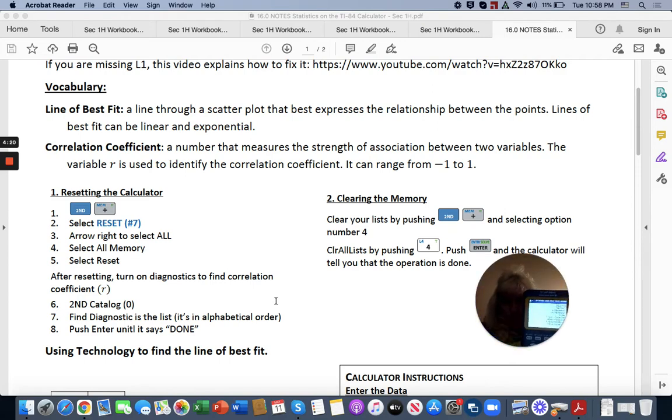Push enter until it says done. So we're going to turn on diagnostics. Right now I think it's off, so we go up to diagnostic on and push enter. Diagnostic on, push enter again, and it says done.